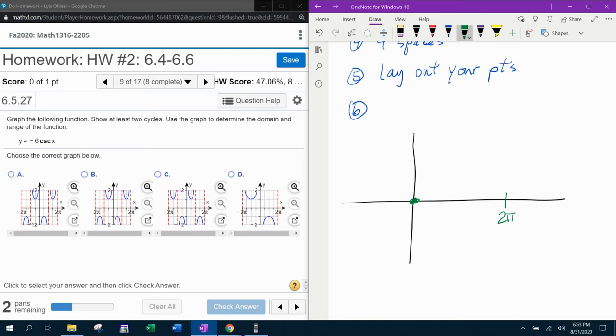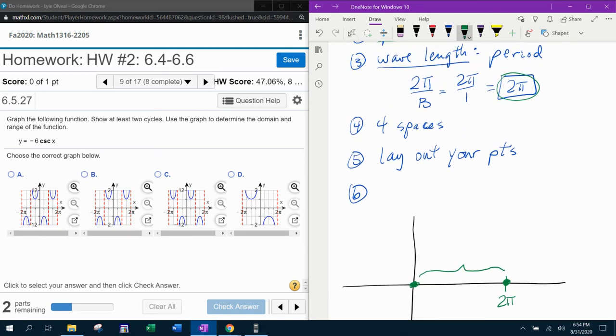So just somewhere in the middle, make that a 2 pi. Remember that you always finish where you start. So if I start on the x-axis, I'm going to finish on the x-axis. And that's going to give me a wavelength of 2 pi, which is the period.